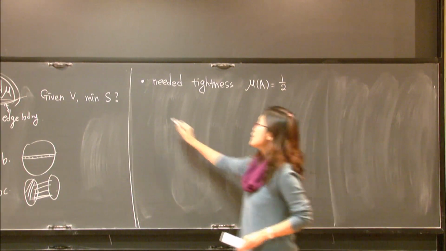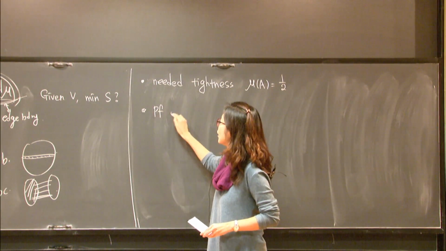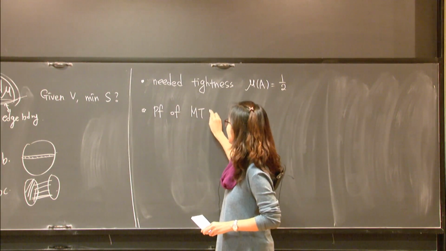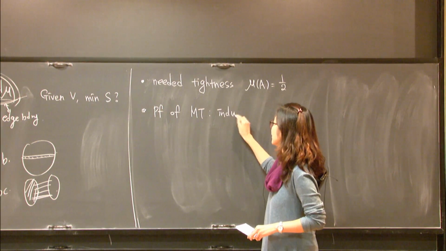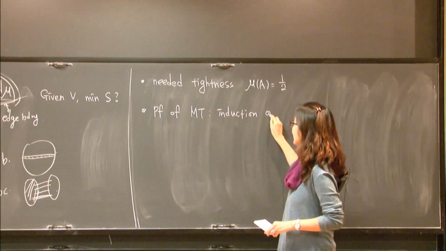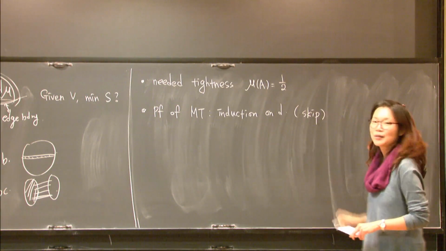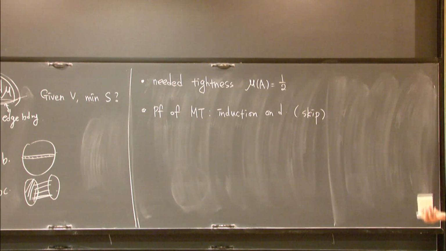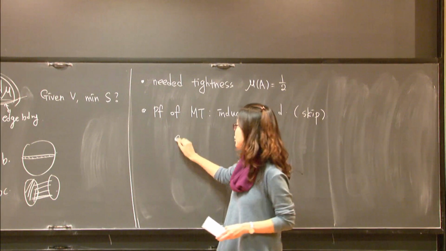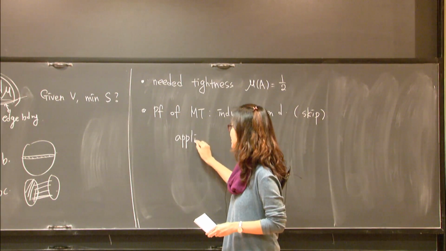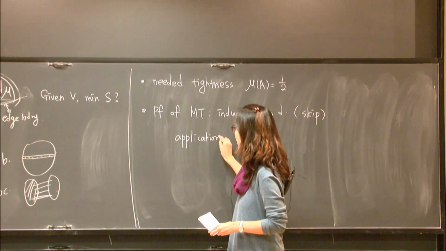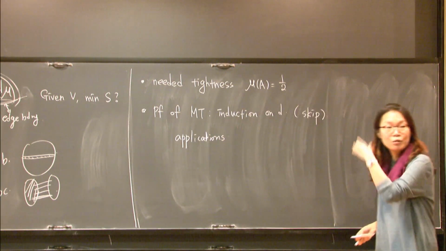Anyway, as I said, the proof of our main theorem is basically induction on D. But I decided to skip this in this talk because I think it's better to use our precious time on seeing the applications. We'll focus on some applications of our main theorem.